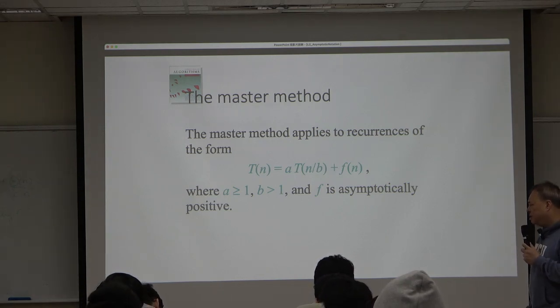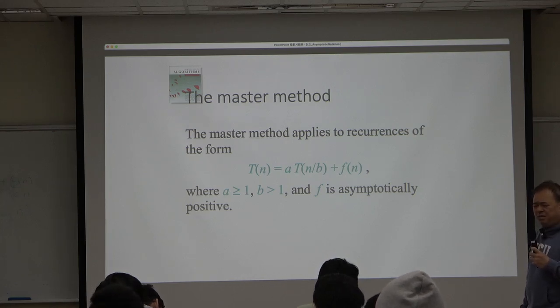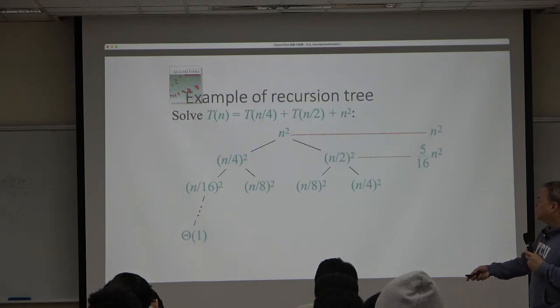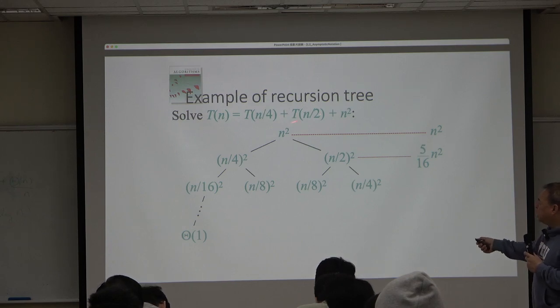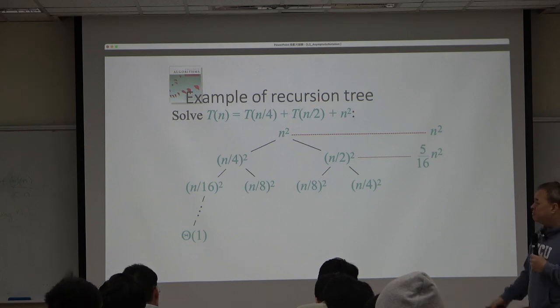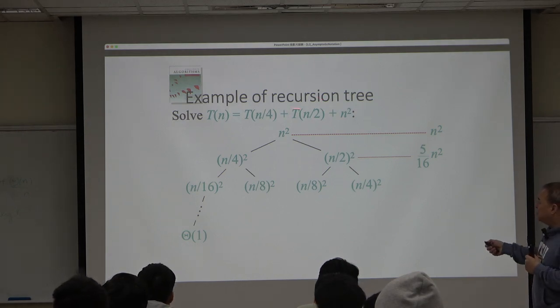But we know a recurrence relation could have many different formats. For example, like this. As I already told you, this doesn't look like something that comes from divide and conquer, but obviously it is a recurrence relation.